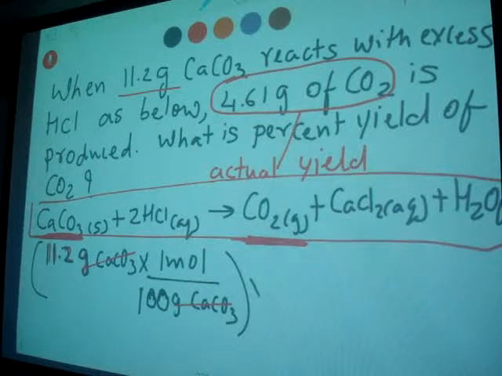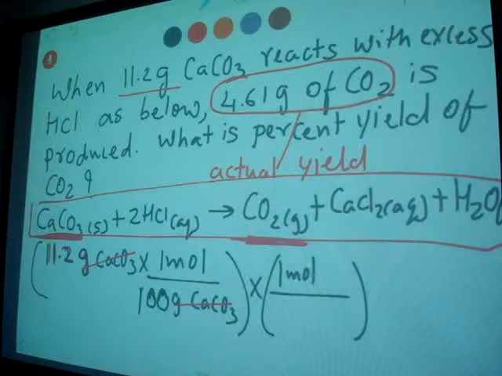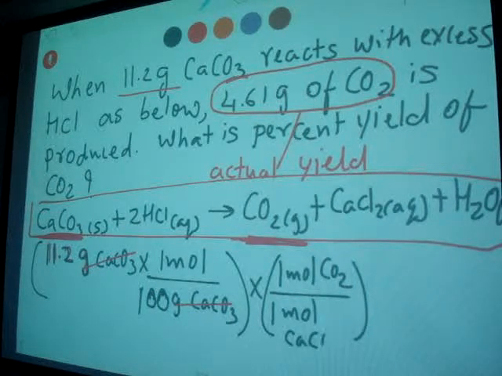Okay. Then we use mole ratio. We know 1 to 1 mole ratio. 1 mole CO2 produced while 1 mole of CaCO3 used up. So we use mole ratio, and then we convert into grams of CO2.